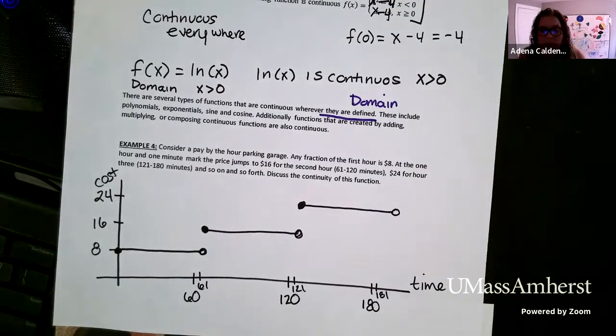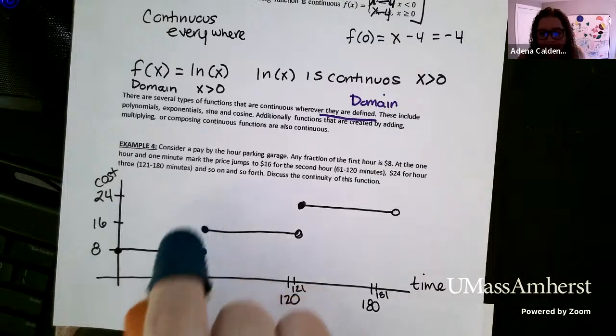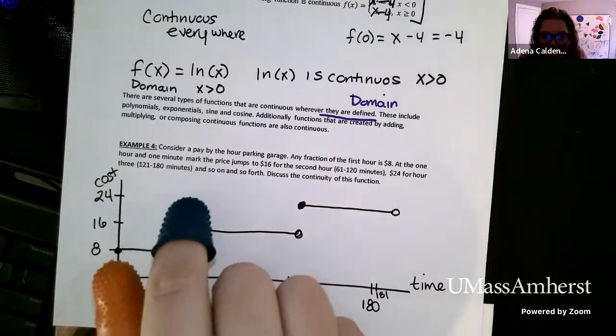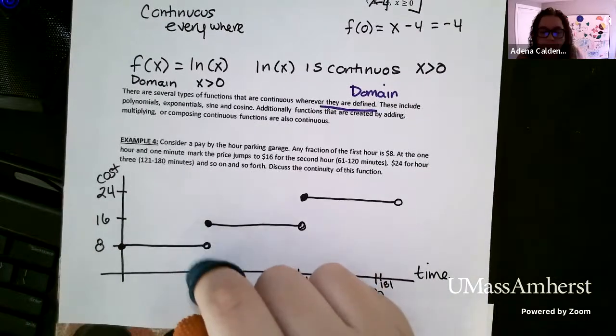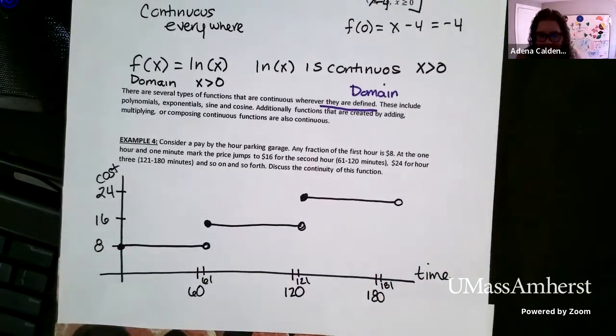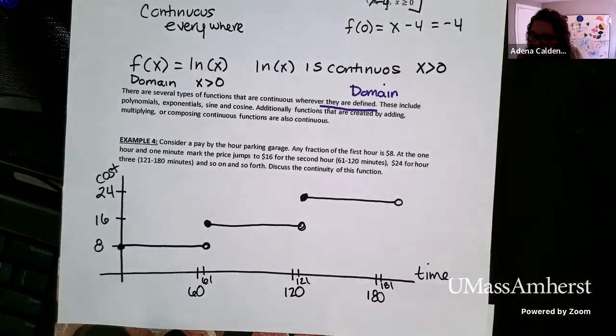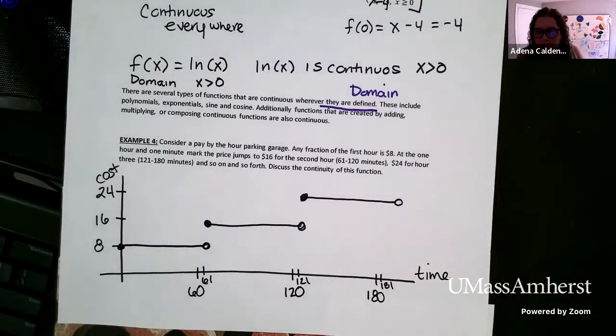So the main thing that I'm hoping that you found in your picture is that we have this step function, that we're going to have this jump to a new price, every roughly 1 hour. And so those points where we jump are not continuous. But everywhere else it is. So if you stay from 30 to 45 minutes, that part of the function is continuous, right?